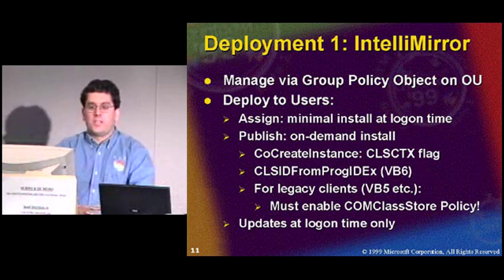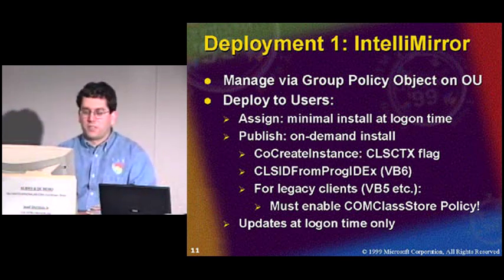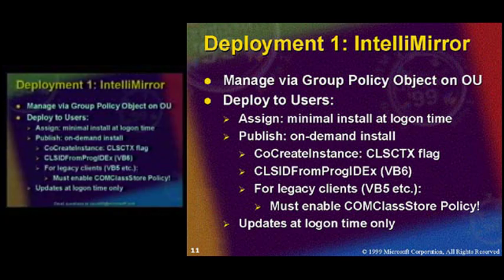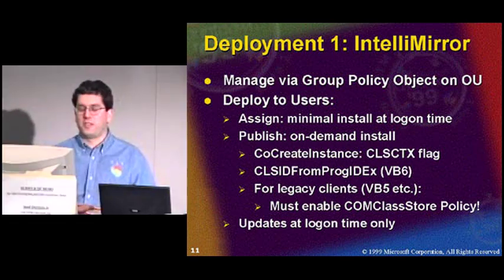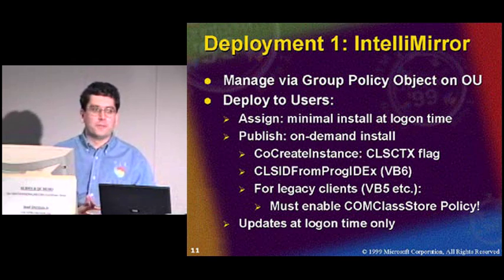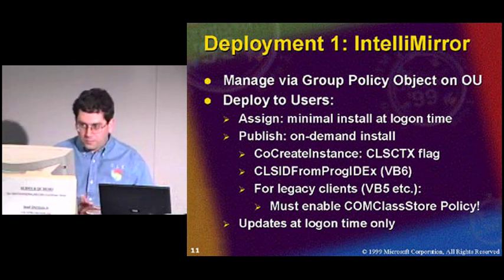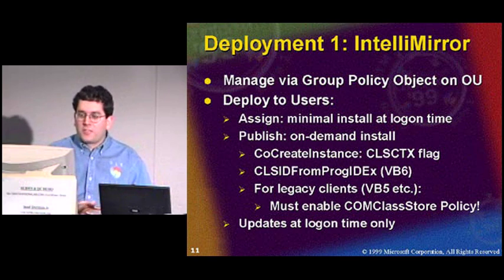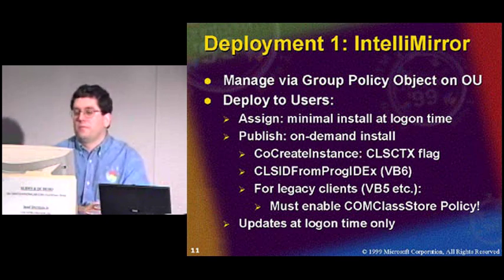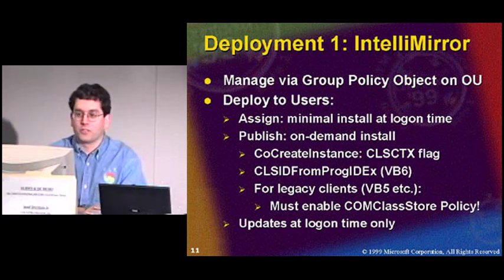So this was briefly illustrating the use of the administrative interfaces for creating configured applications. Now we have these 500 applications sitting around, and they are ready to be deployed to these branches. The next feature that we're going to apply is the deployment feature that uses the IntelliMirror feature in Windows 2000.